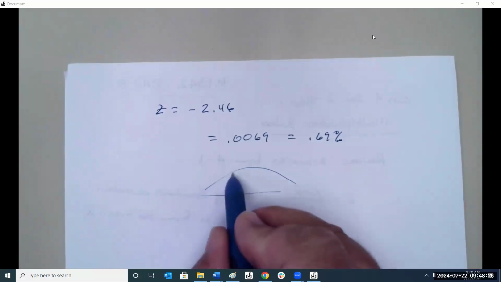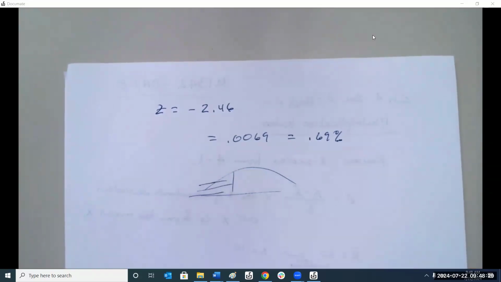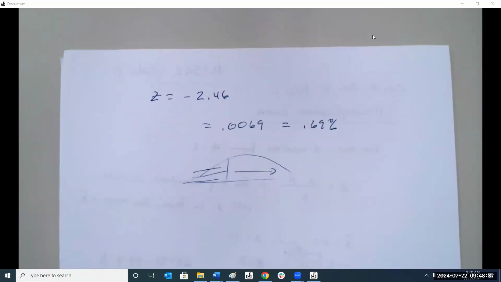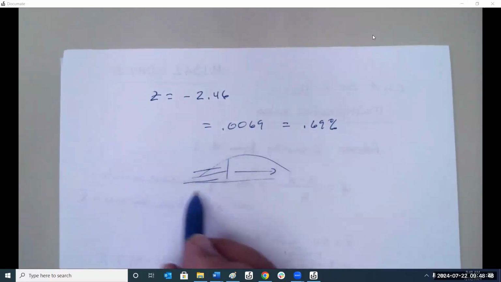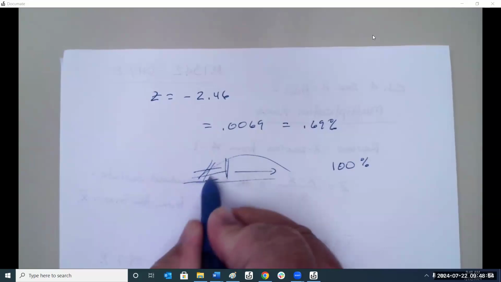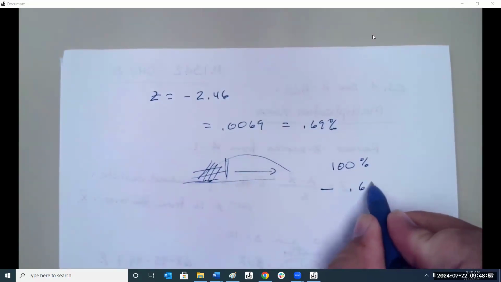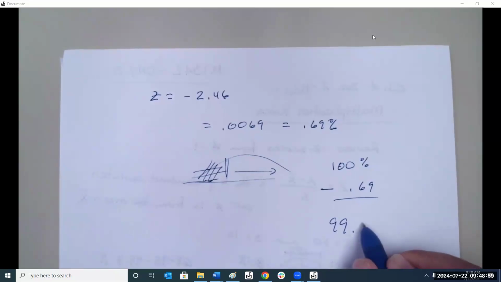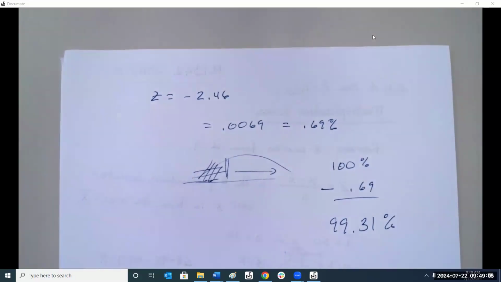Remember, this number is everything to the left of that. So how much of it is to the right of it? How many percent is in the whole thing? 100%. And if 0.69 was taken away, that would be 99.31%.